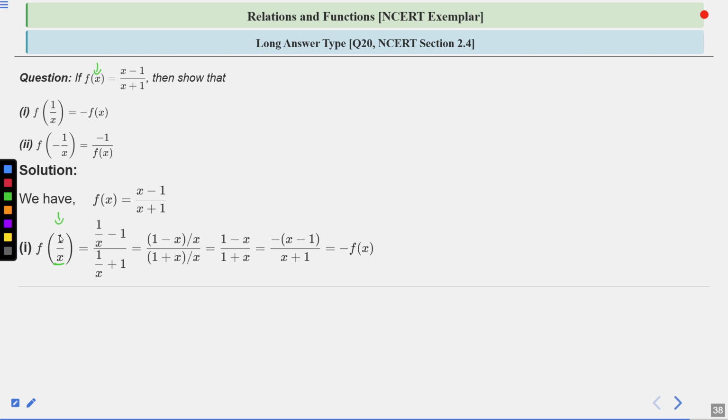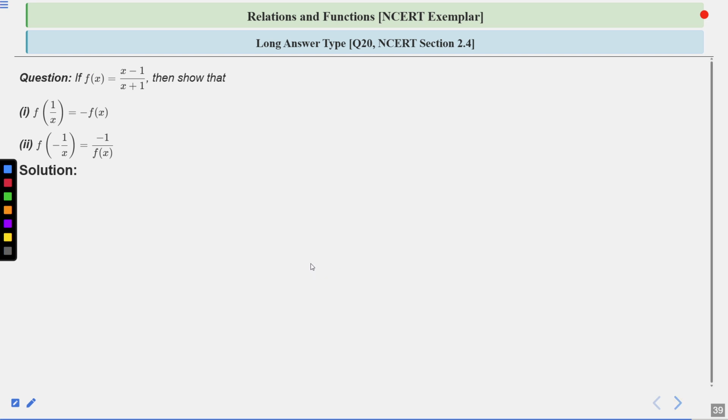Now for each input 1/x, the output is 1/x minus 1 divided by 1/x plus 1. Simplified, the numerator becomes 1 minus x divided by 1 plus x, all over x. The x is going to be cancelled. We are getting 1 minus x divided by 1 plus x. Taking minus common from the numerator, we are getting minus of x minus 1 divided by x plus 1. And this expression is simply f(x), so we are getting minus of f(x).